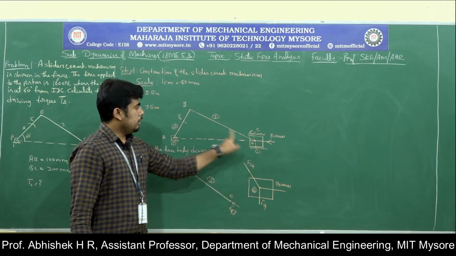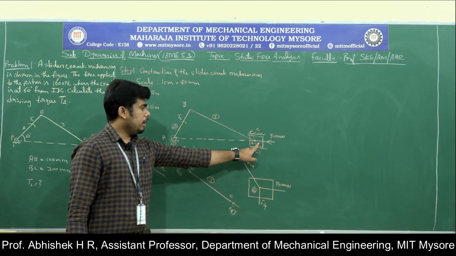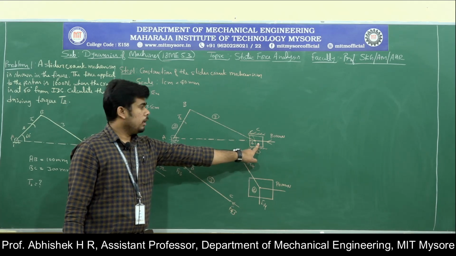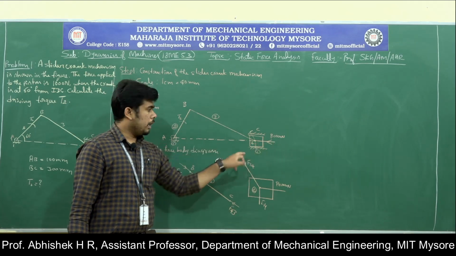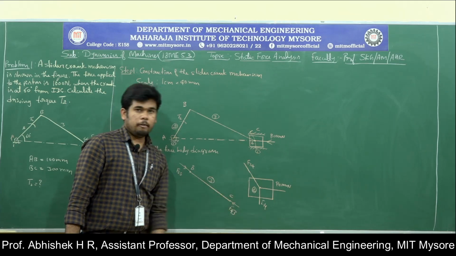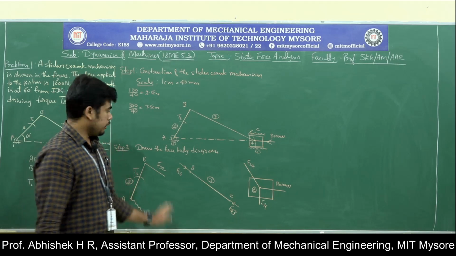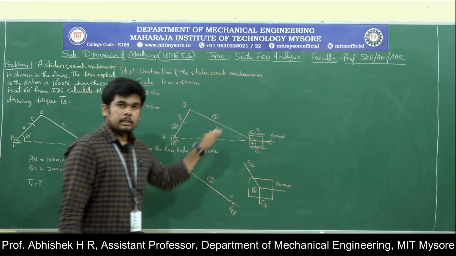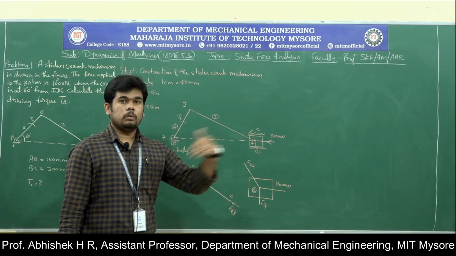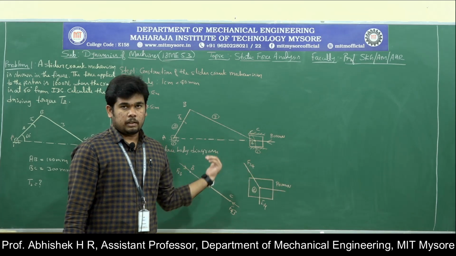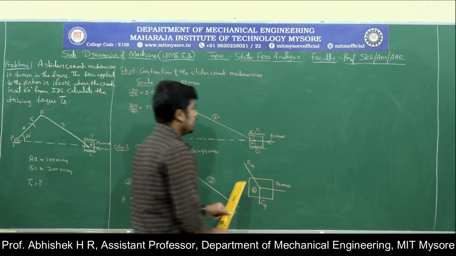Because here link 3 is meeting link 4 as well as the load, and also we have one more force, that is F14. Now we have completed the second step, the free body diagram of the slider crank mechanism that we have constructed. Now we will move on to the next step.